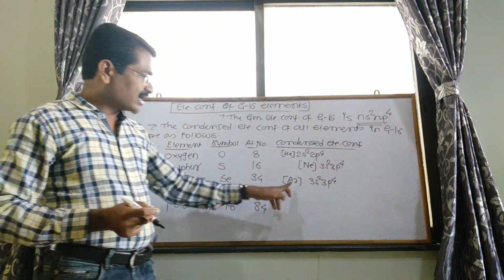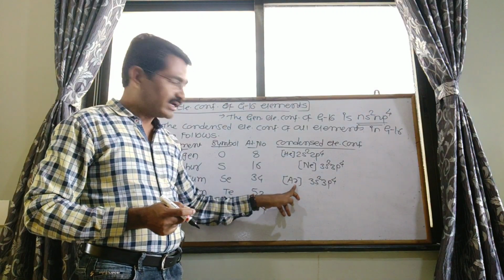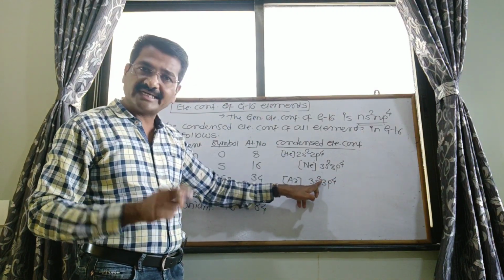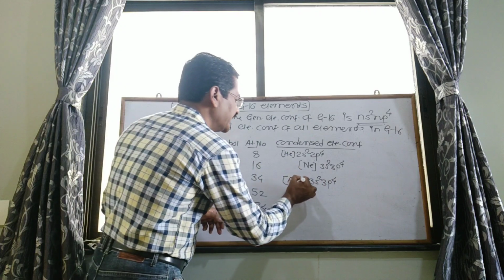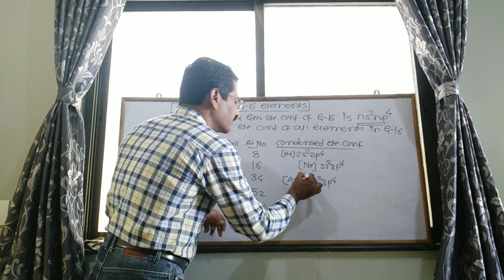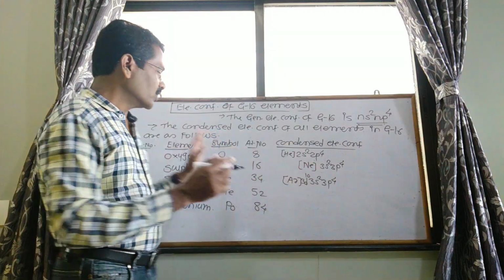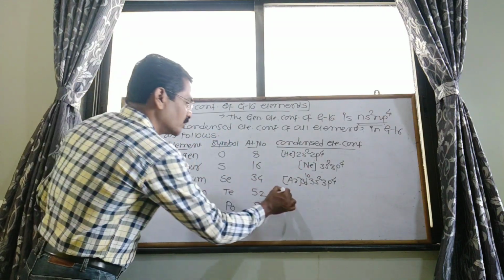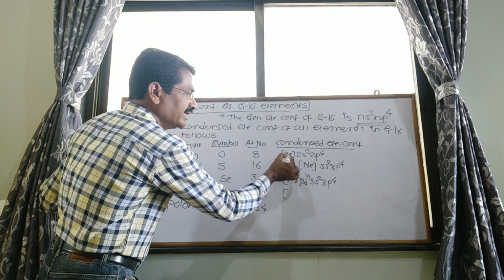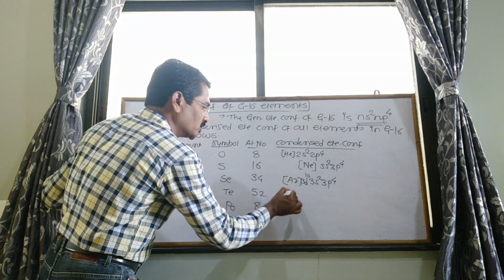Out of that, argon indicates 18, then 3d10, 4s2, 4p4. So the total is 34. Then the electronic configuration of tellurium: helium, neon, argon, krypton.